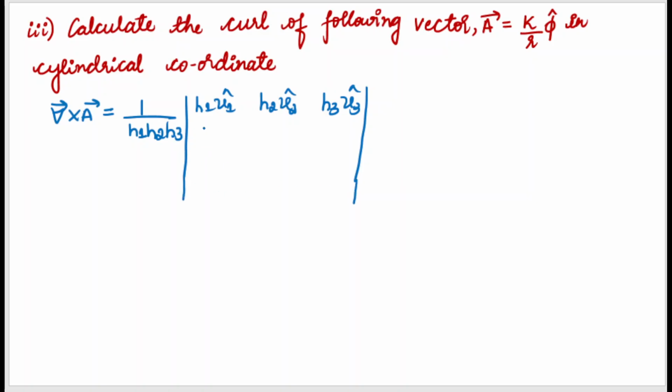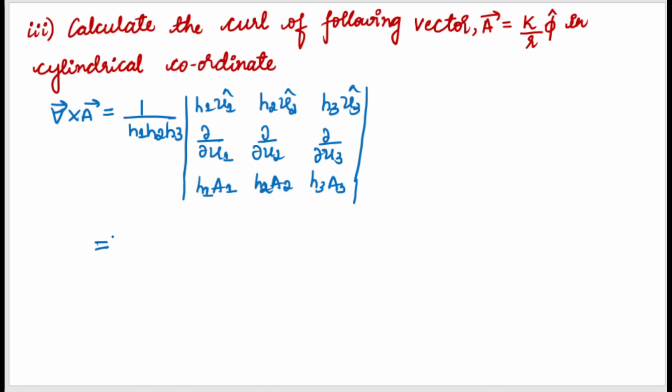Here it will be dou divided by dou u1, dou divided by dou u2, dou divided by dou u3. Below that it will be h1 into a1, h2 into a2, and here it will be h3 into a3, right?